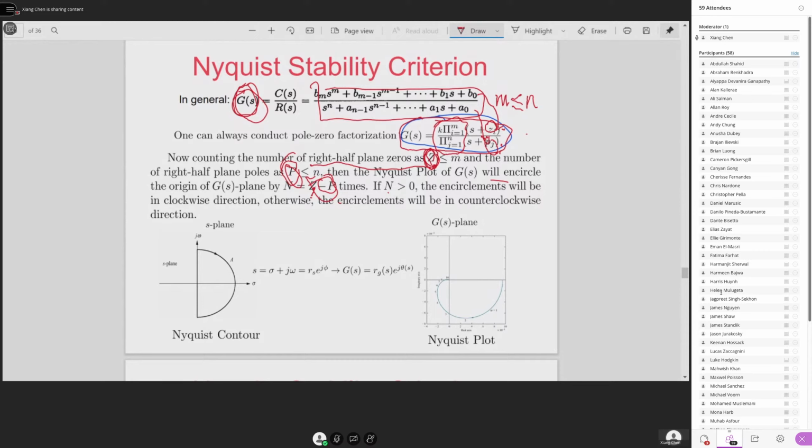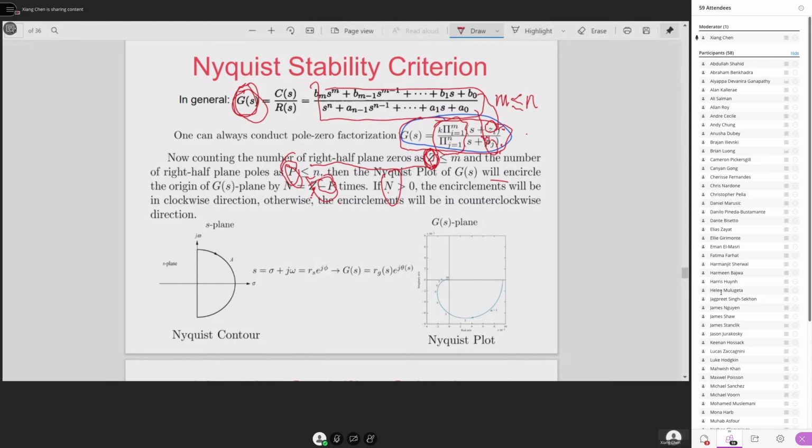Okay, so this indicates that the Nyquist plot of G(s) is going to have N encirclements around the origin, but this time it's going to be counterclockwise. So the number N and its sign tell us a very clear conclusion about the net encirclement around the origin of the G(s) plane.